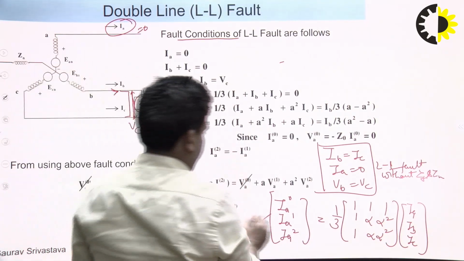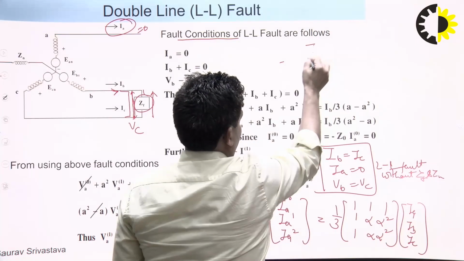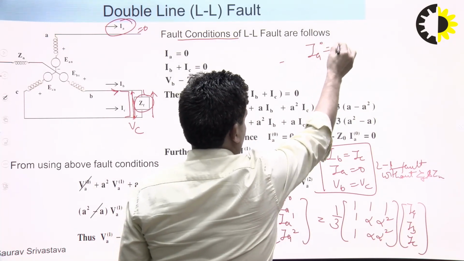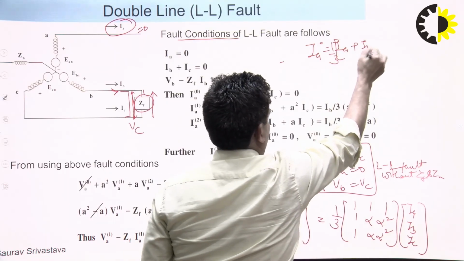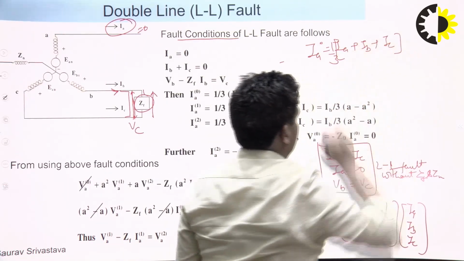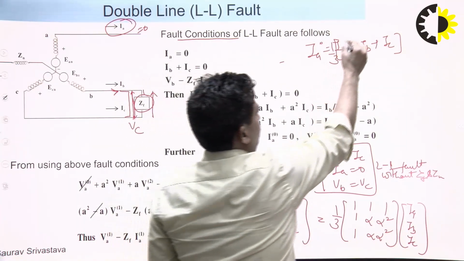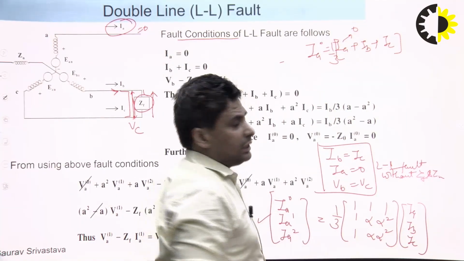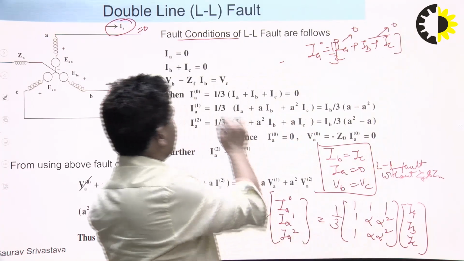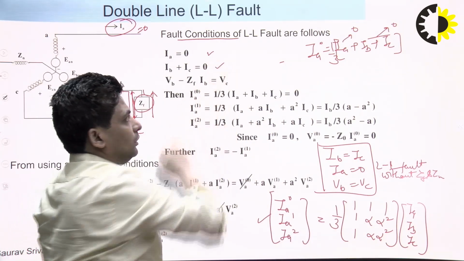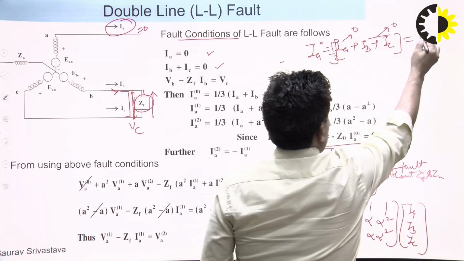Here, in the first condition, IA0 is equal to one by three times (IA plus IB plus IC). Here IA is equal to 0, which is our first boundary condition, and IB plus IC is equal to 0, using the second boundary condition. So IA0 becomes equal to 0.